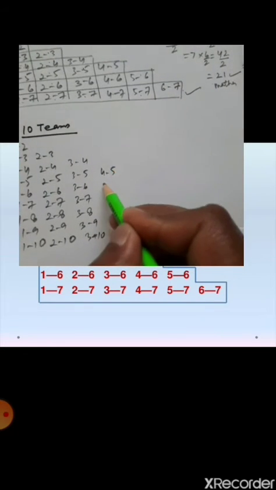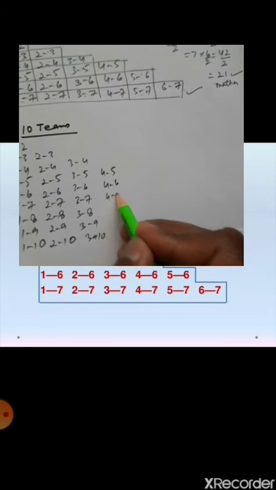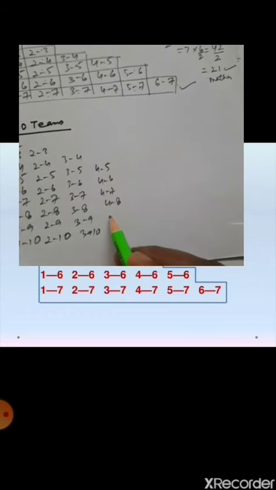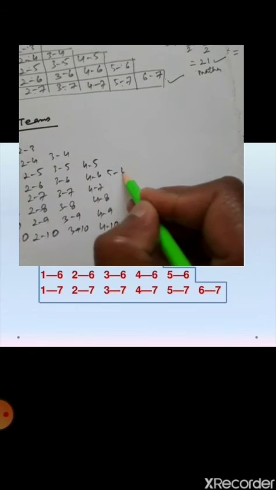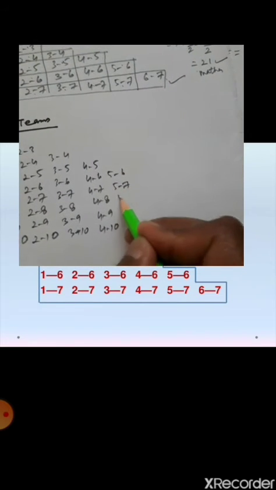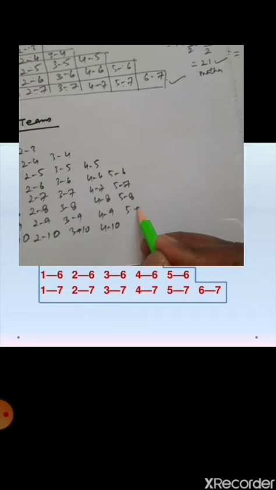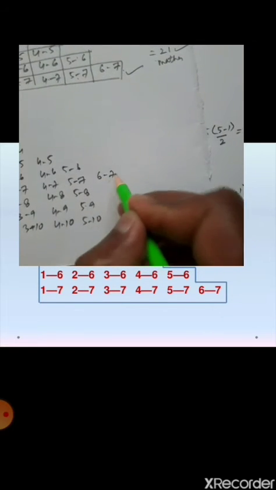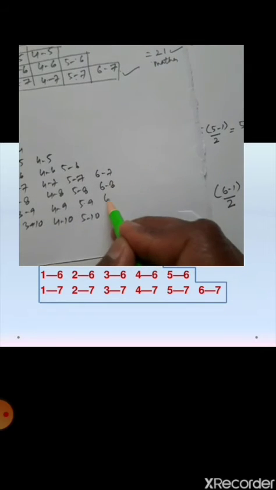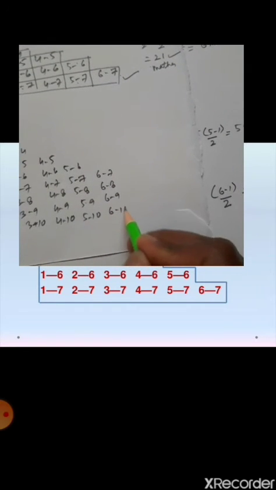Then 4 by 5, 4 by 6, 4 by 7, 4 by 8, 4 by 9, 4 by 10. Then 5 by 6, 5 by 7, 5 by 8, 5 by 9, 5 by 10. Then 6 by 7, 6 by 8, 6 by 9, 6 by 10.